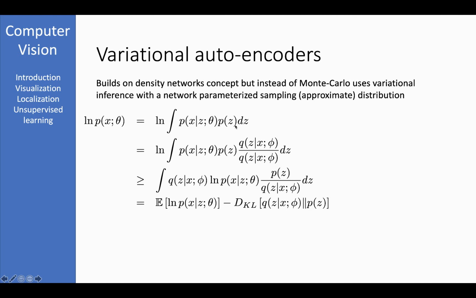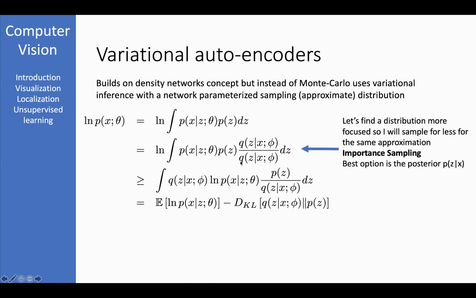Instead of sampling from Z, we sample from a distribution where P(x given z) will be high enough. So I will sample from a distribution where the integrand will always have high values. That's what's called importance sampling.